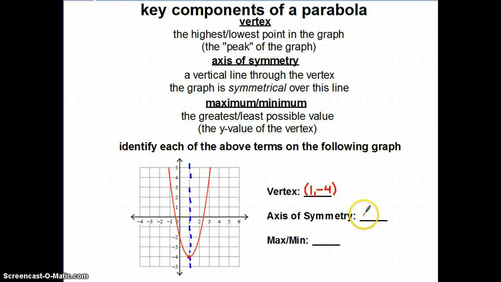Any vertical line has the equation x equals a constant, and here the constant is +1. So that equation has the form x equals 1. The minimum value is simply the y value of the vertex. It is a minimum since the graph cannot go any lower than that point. There is no maximum to this graph because the graph may go up forever.